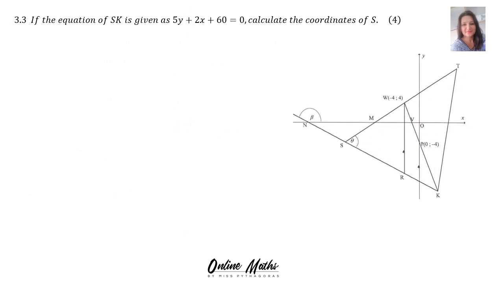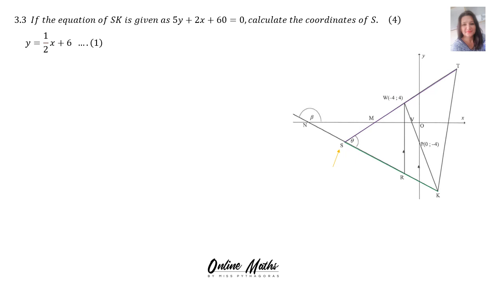3.3. If the equation of SK is given as 5y plus 2x plus 60 equals 0, calculate the coordinates of S. Now, what is happening at S is you can see that that's the place where line SK and line ST intersect, and therefore we are going to do simultaneous equations.